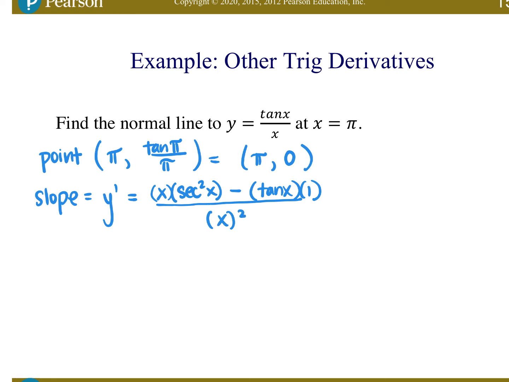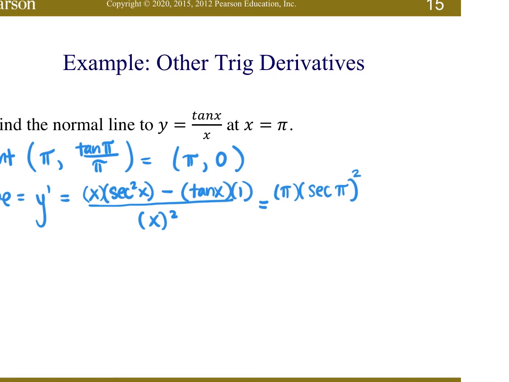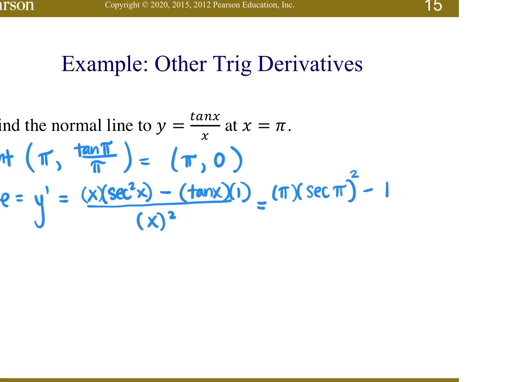Now we're going to find the value of the derivative at pi. So it'll be pi first times the secant squared of pi, or you can do the secant of pi and then squared on the outside, minus the tangent of pi.